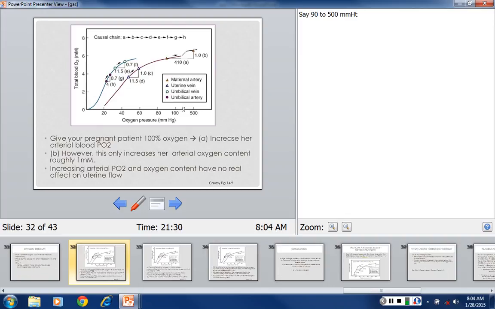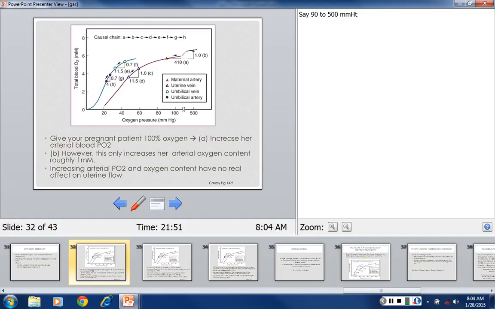So there's this great picture, and we'll go over it step by step. So remember, mom is down here, baby's over here. So you give your patient 100% oxygen. You're going to increase her arterial PO2, probably from about 100 to 500. She's insane, right?